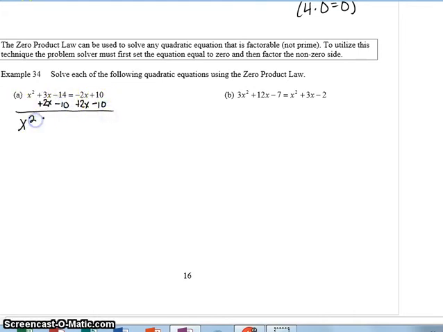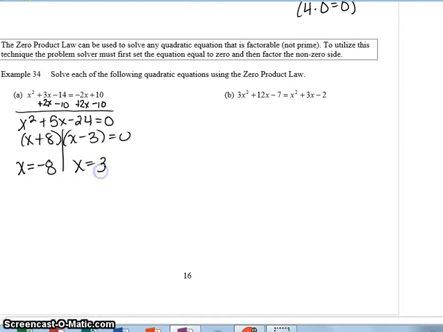I'm going to get x squared plus 5x minus 24 equals 0. Now this becomes factoring: what multiplies to negative 24 but adds to 5? We get (x plus 8)(x minus 3). Split down the middle, and it results in x equals negative 8 and x equals positive 3. You can see how the signs just get flipped.